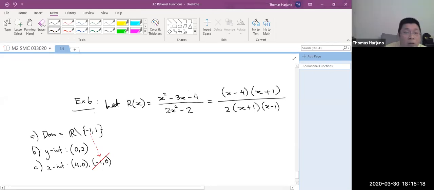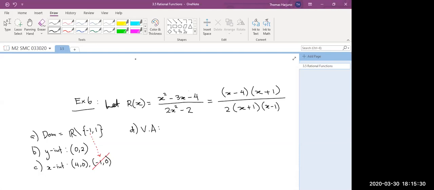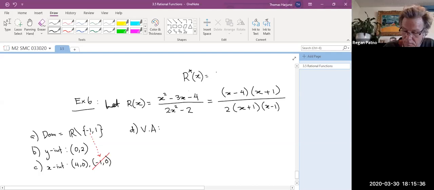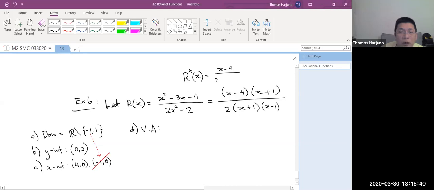Now, how about the vertical asymptote? We will look at the simplified version. You see something cancels, right? So we have x minus 4 over 2 times x minus 1. So the vertical asymptote will be x equals 1 only.